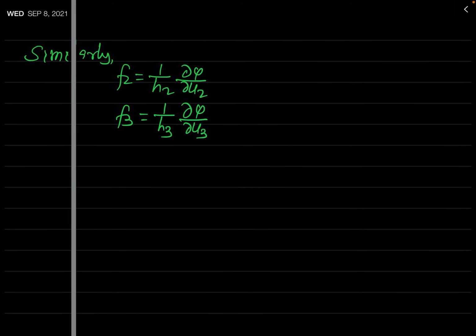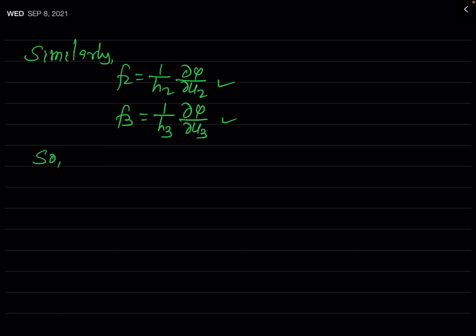So as we have evaluated F1, F2 and F3, after substituting all these values in our first equation, we can get the value of gradient of phi in the orthogonal curvilinear coordinate system. So from equation 1, what is del phi? I am just repeating equation 1 here for your convenience.